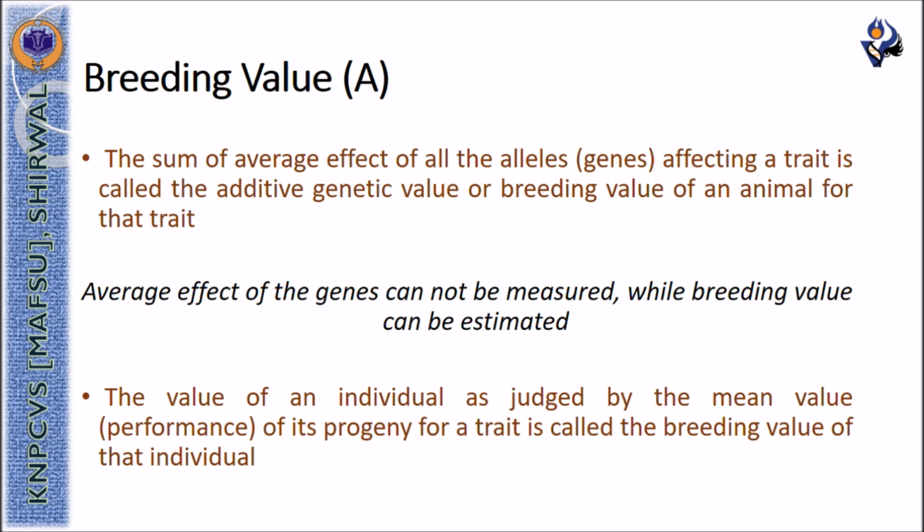The concept of breeding value can be explained with the help of the average effect of an allele. The sum of the average effects of all the alleles affecting a particular trait is called the additive genetic value or breeding value of an animal for that trait.